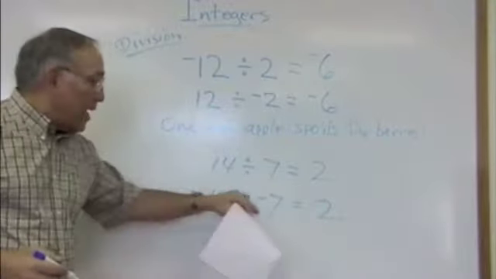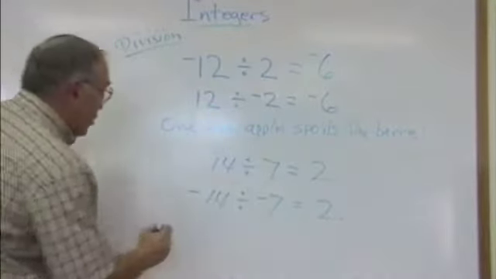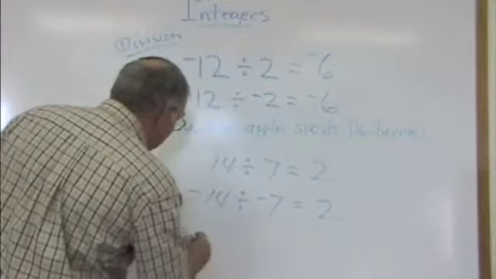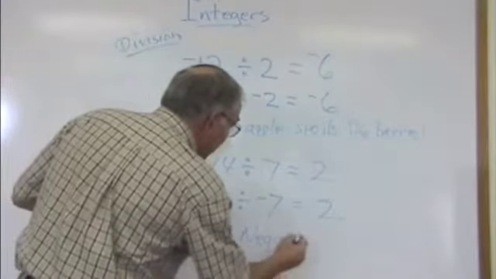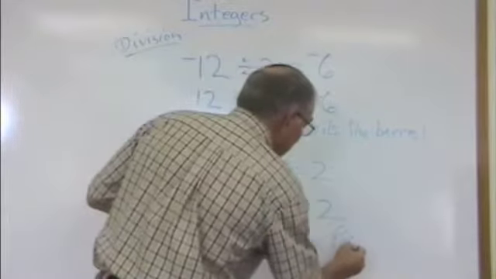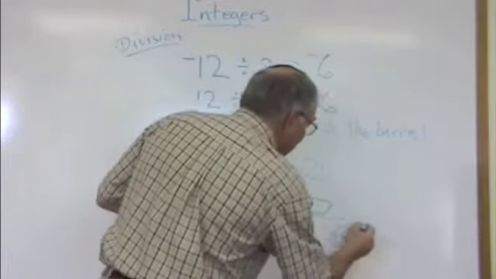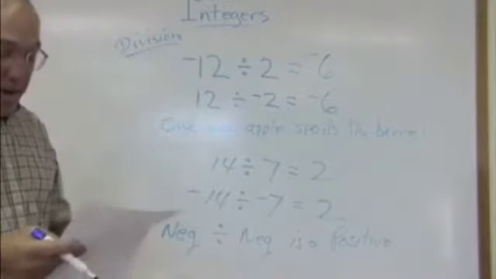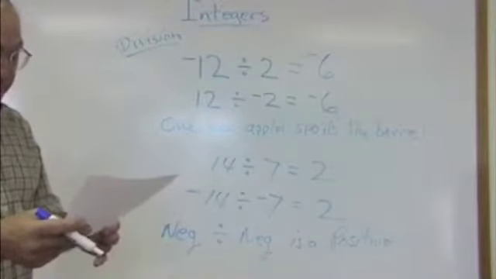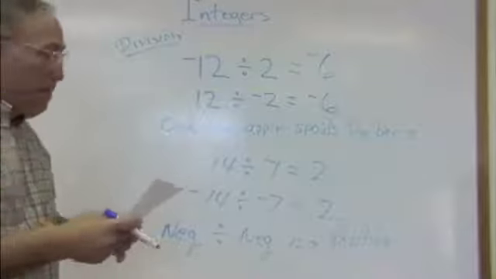If the signs are the same, the answer is positive. You've got to remember a negative divided by a negative is a positive. A negative times a negative is a positive. A negative divided by a negative is a positive.